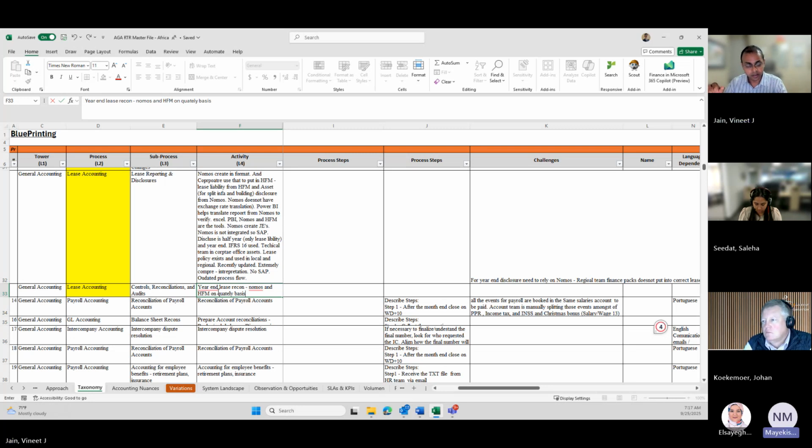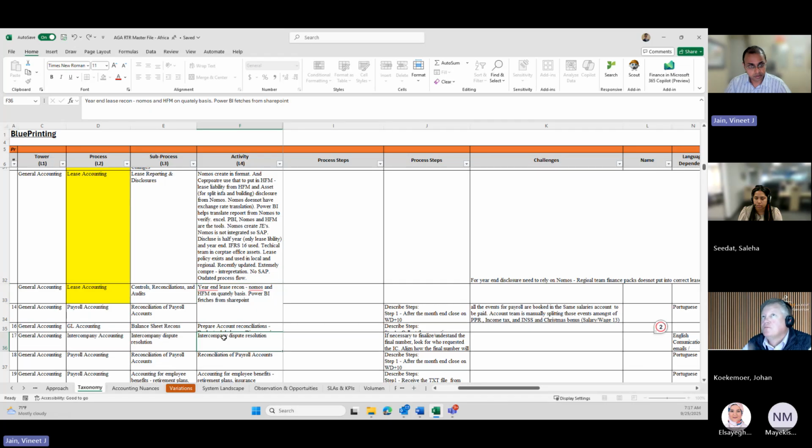We have Excel sheets that allow us to refresh point of view data from HFM, and Power BI reads that Excel once the point of view has been refreshed. We extract reports from Nomos and save them on a SharePoint site, and Power BI fetches them from the SharePoint site. It then translates them using the group exchange rates that get distributed, compares them to the HFM Excel sheet, and shows us the differences in USD.